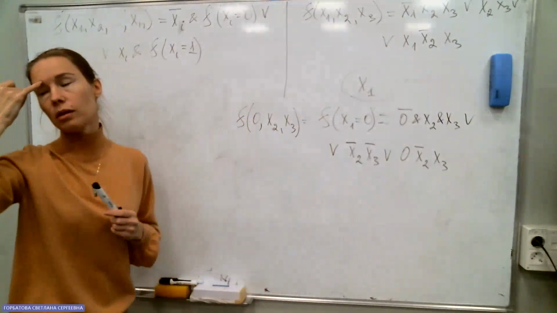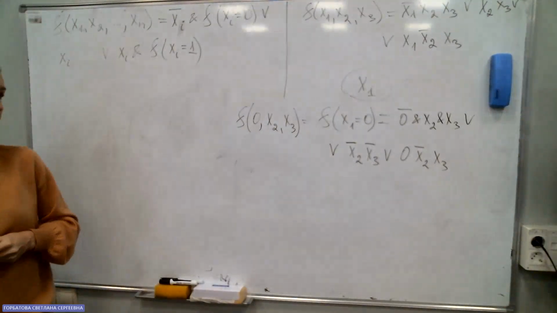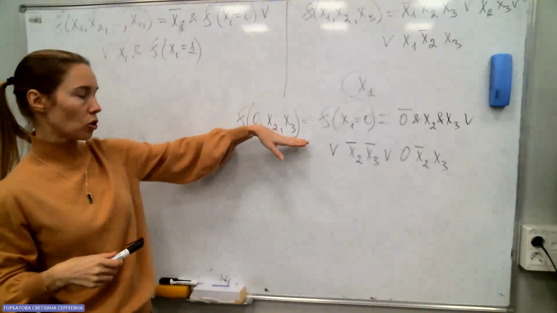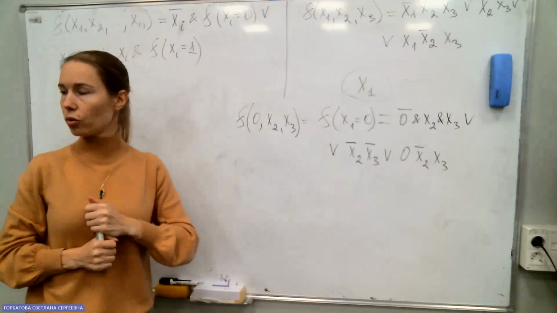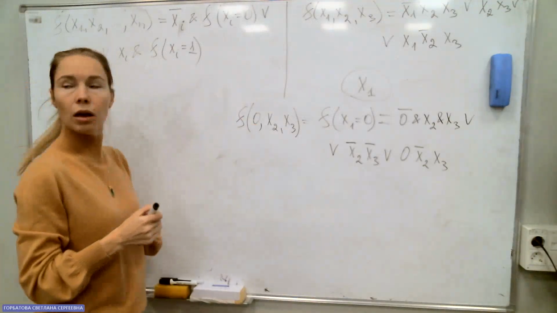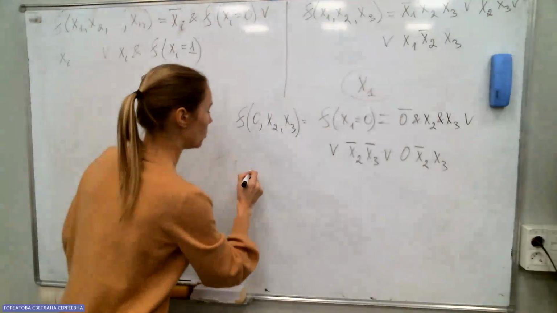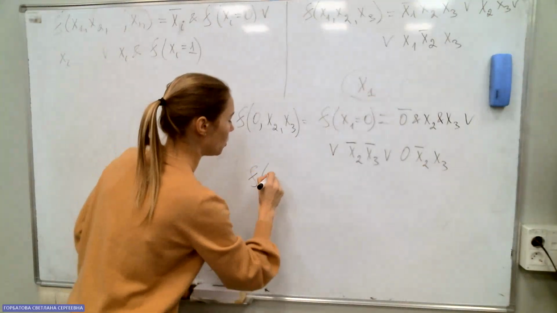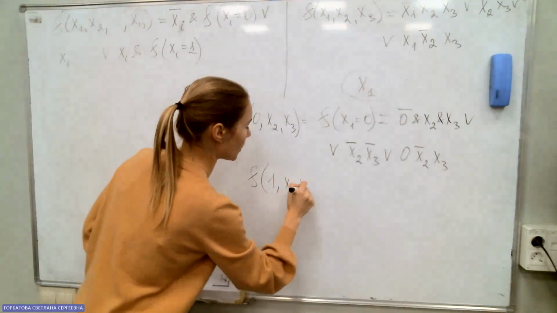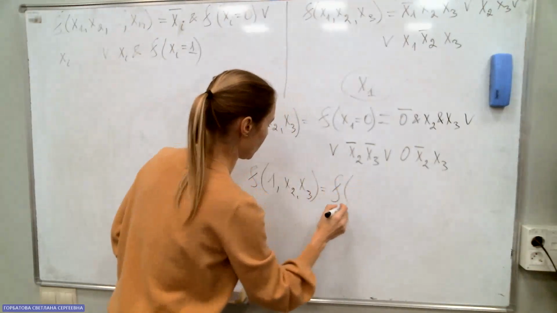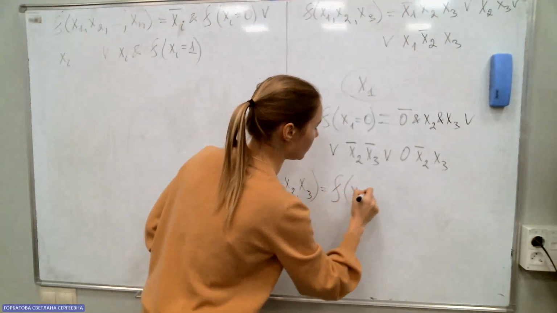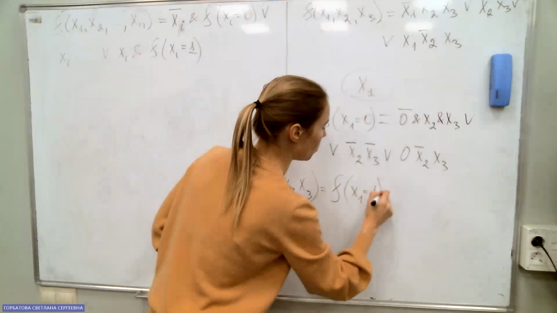So this is our function where one of the variables equals to 0. So f of 1, x2, x3 means instead of x1, I'll put 1.